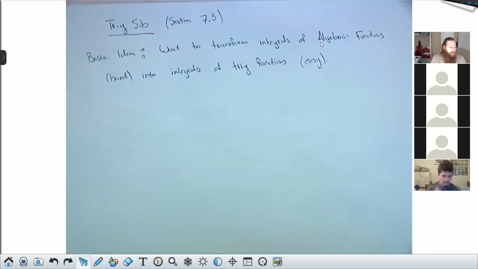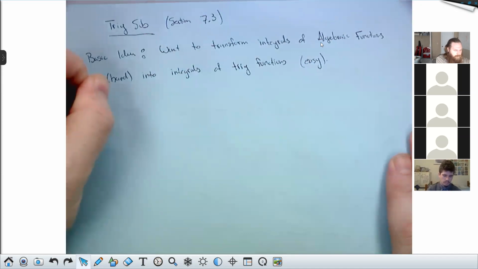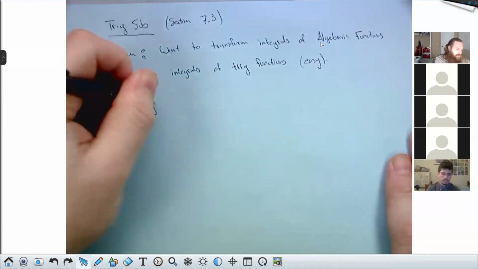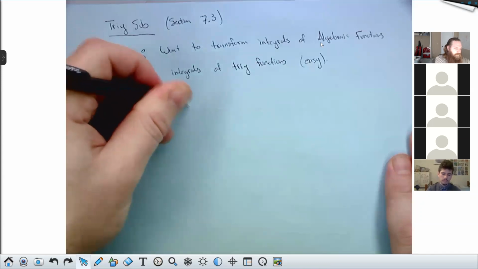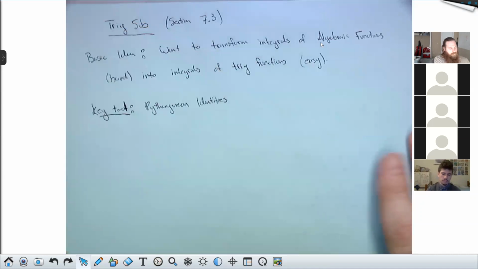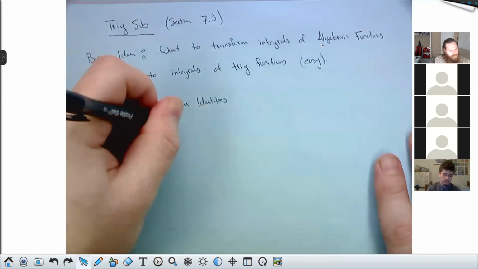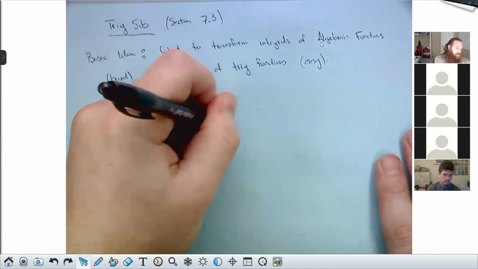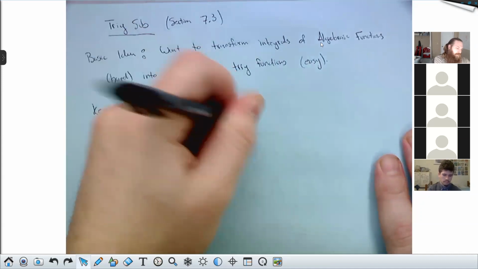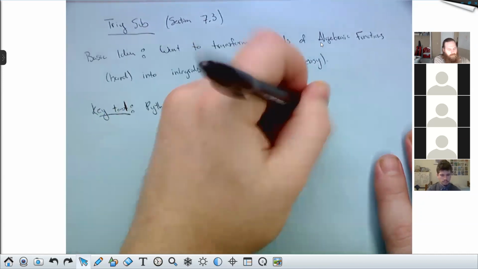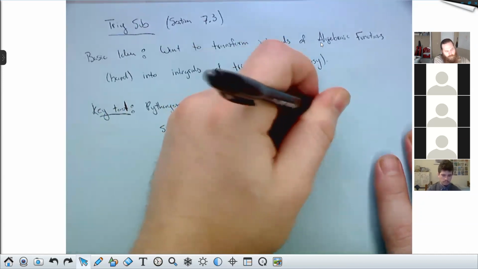So yeah, the key tool to all of this is the Pythagorean identities. Right, so we know that sine squared theta plus cos squared theta is equal to 1, which means that 1 minus sine squared theta is the same as cos squared theta.